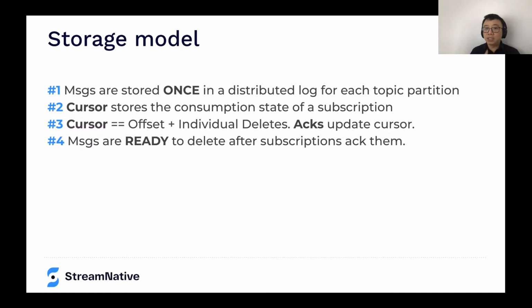And as you can see here, I still don't say deletion directly. I say messages are ready for deletion. That means when you're moving a cursor, the deletion is not actually happening. Deletion is actually happening much later, but when you update the cursor, it would turn some of the messages into a state where those messages are ready for deletion.